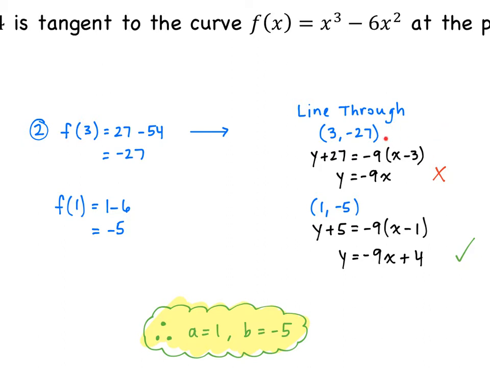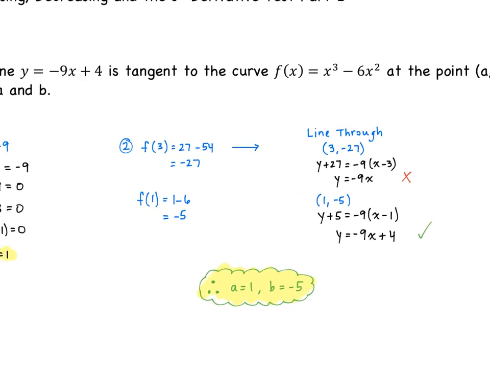If we were to write this equation of the line in point slope form with the slope of negative 9, and clean it up to look like the original that was given to us, we don't get the same equation, okay? We're not getting y equals negative 9x plus 4.